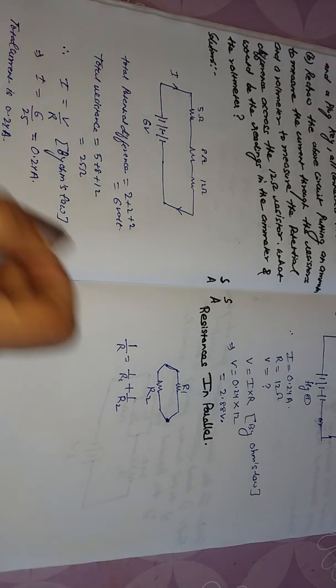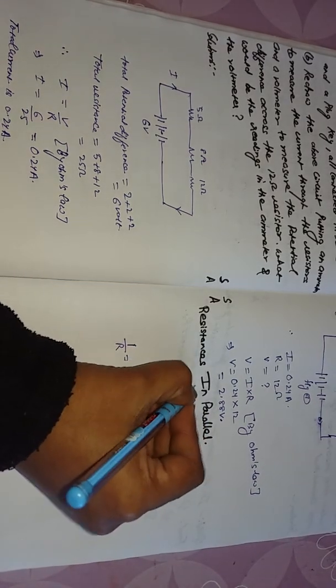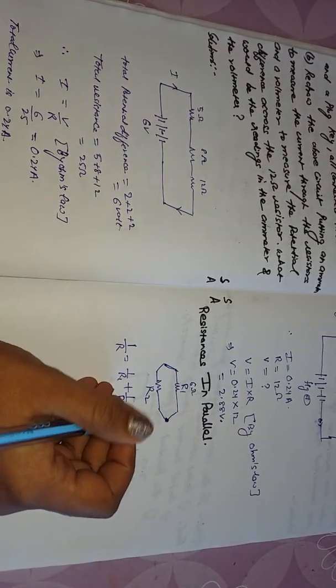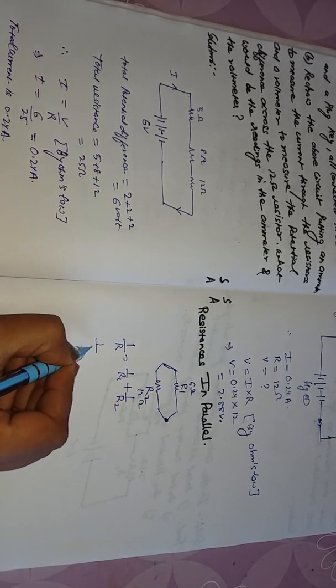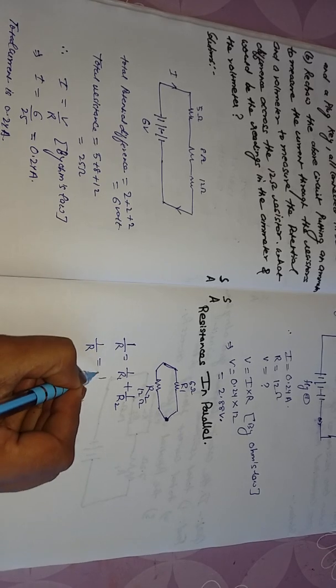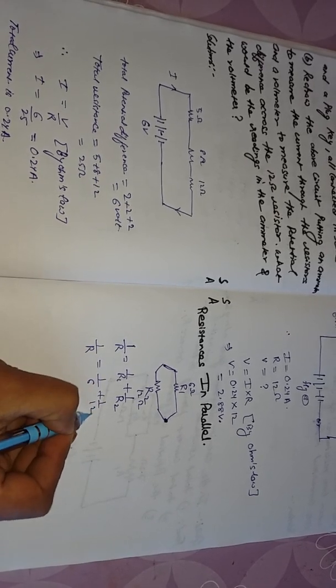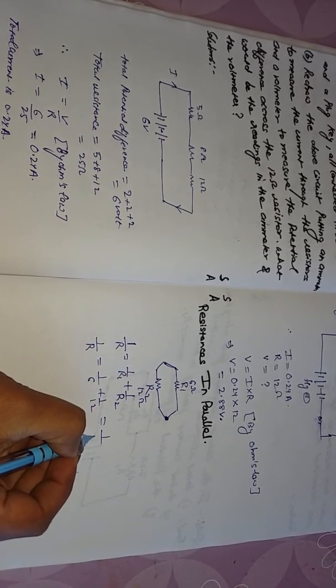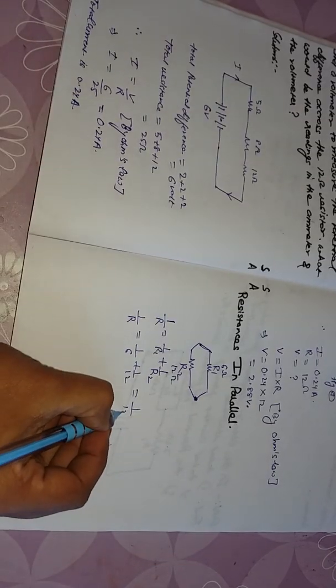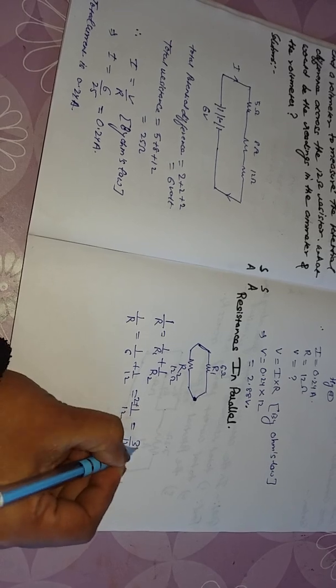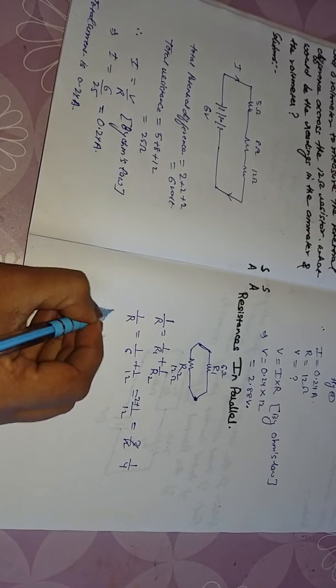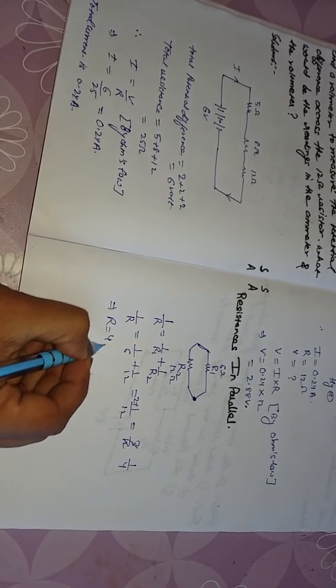Let us consider that resistance R1 is 6 ohm and R2 is 12 ohm. Therefore, the total resistance is calculated as 1 upon 6 plus 1 upon 12, that will be equal to 1 upon 12 into 2 plus 1, that is 3 upon 12, which is 1 upon 4, implies that R equal to 4 ohm.